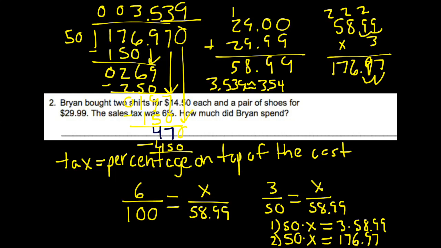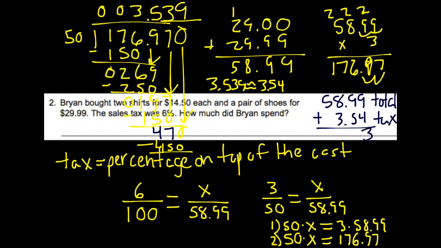So I'm going to take my total, which was $58.99, and I'm going to add on $3.54, which is my tax. So my total plus my tax. Add those together to get my total cost, or how much Brian spent.